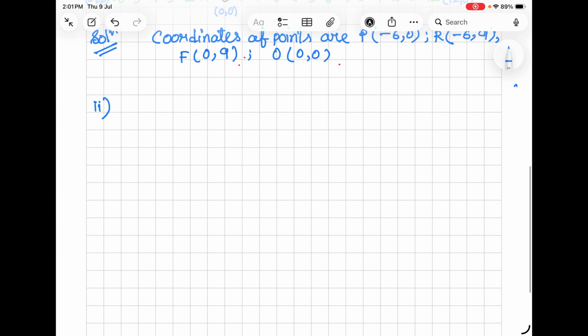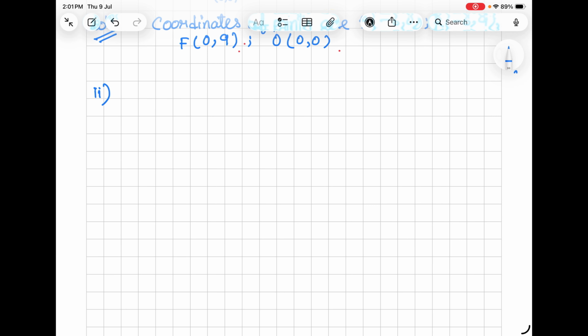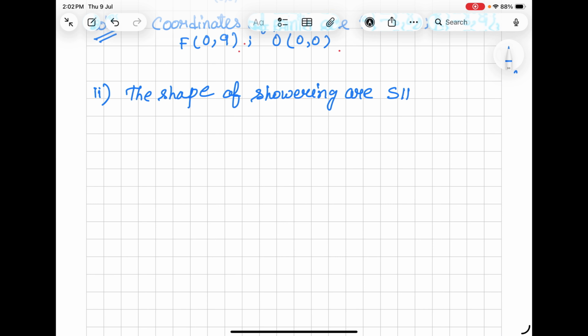So let's write down first the shape of the showering area. SHWR is a trapezium.